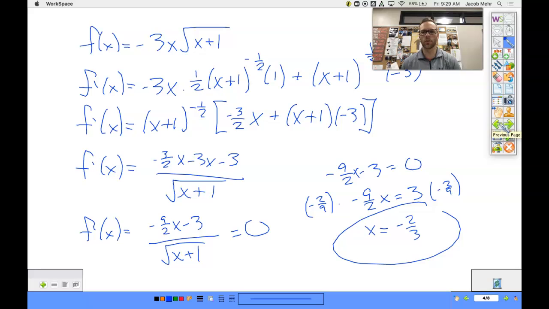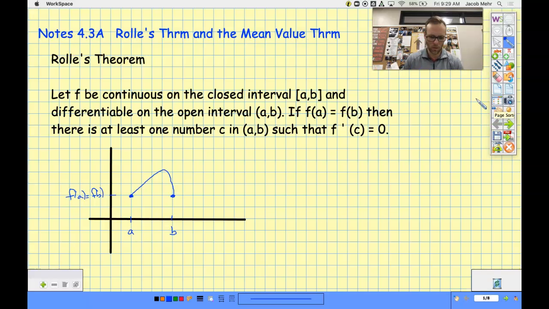Well, let's go back to Rolle's theorem. Remember that they had the same y value, and there had to be a spot where the derivative is equal to 0. I think when I draw in these red lines, it might clue you in as to what the mean value theorem is going to be about. In Rolle's theorem, if their y values are the same, there has to be a spot where the derivative is equal to 0.